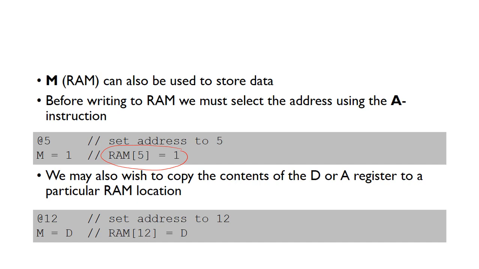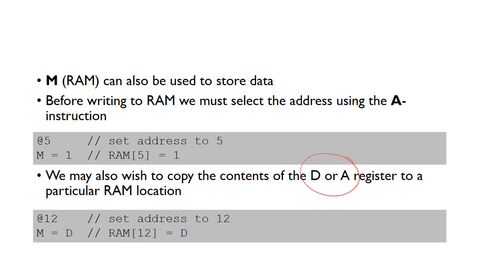Whatever value is stored in A, when you refer to M, that's the address it'll store the data in. Here we've set it equal to 1 directly, or we could do -1 or 0, as we've seen before.